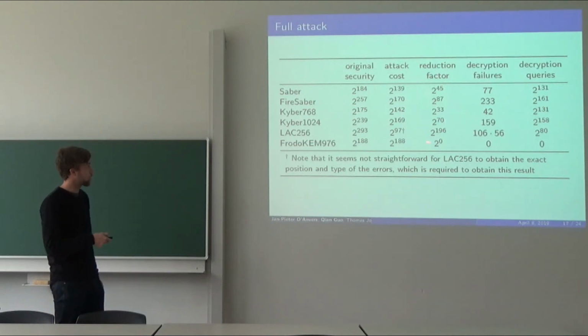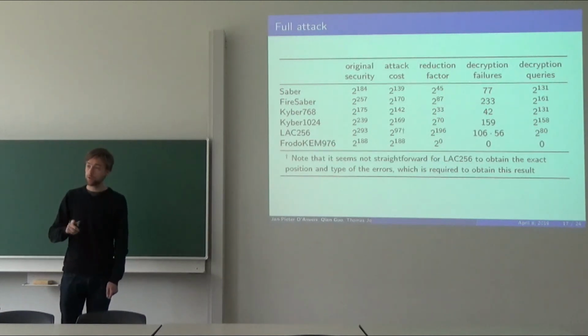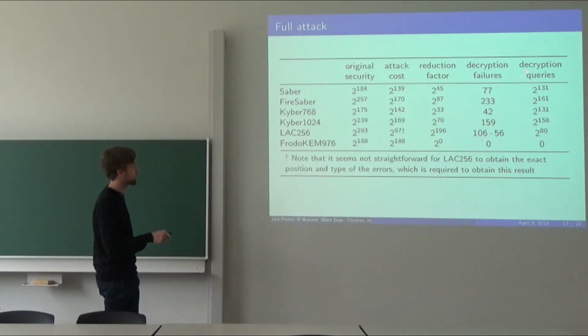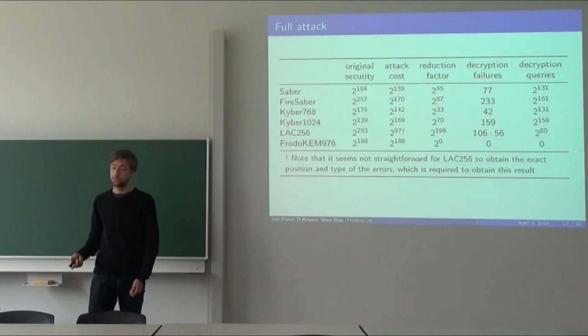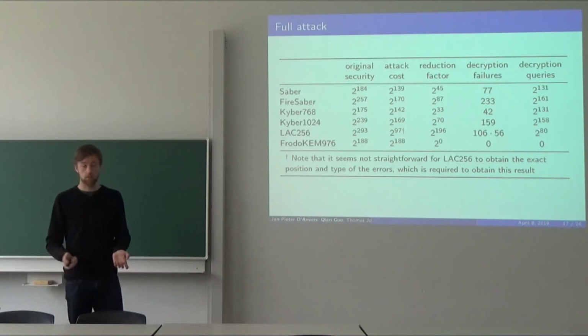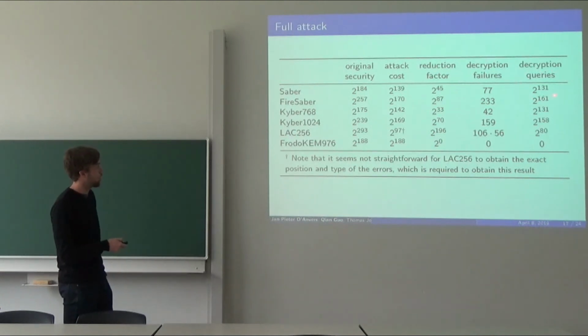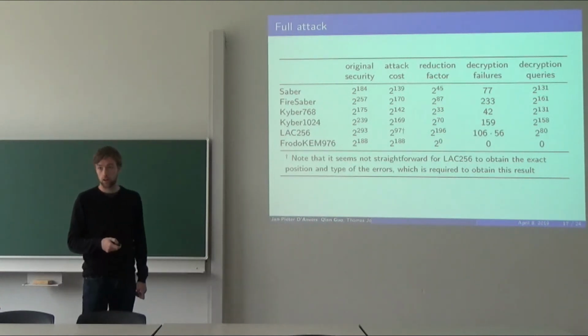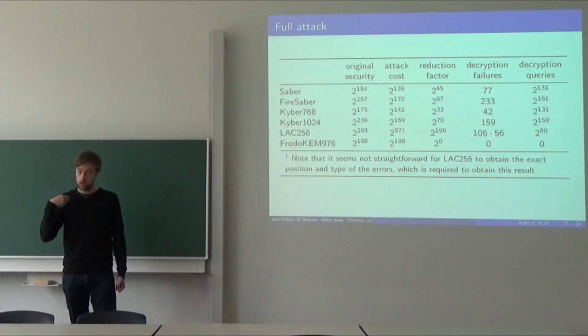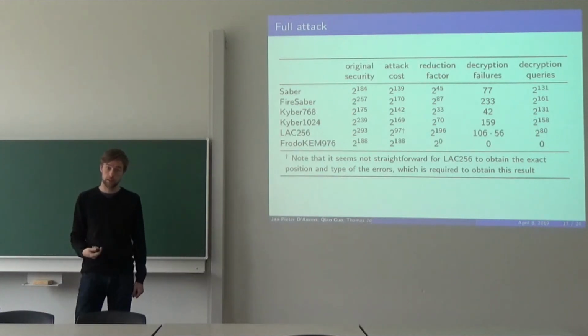And this is quite a big reduction factor. We also don't need a lot of decryption failures. The only problem for an attacker is this: the number of decryption queries that you need to do this attack is completely impractical. I mean, you need to assemble 2 to the 131 decryption queries. That's on average what you need to do this attack.